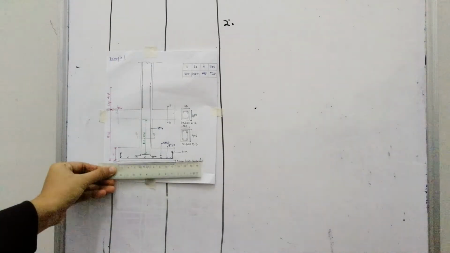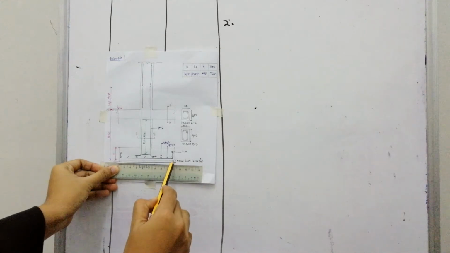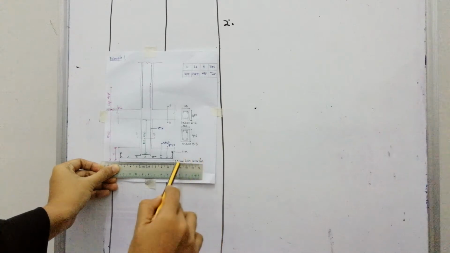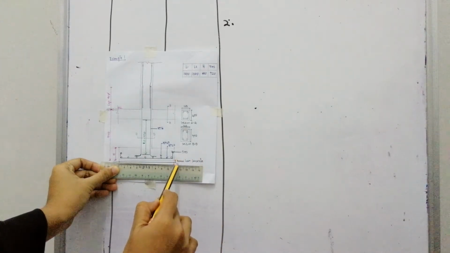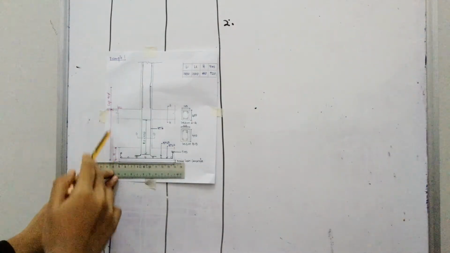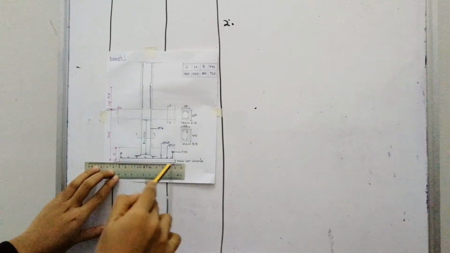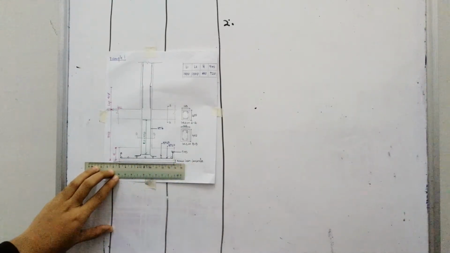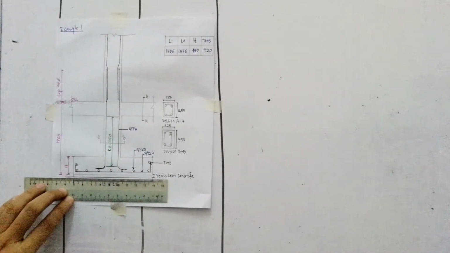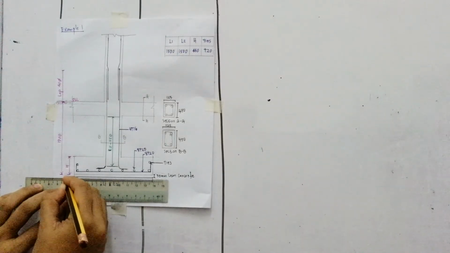Under your pad footing, there is a lean concrete. The thickness of your lean concrete is 50 mm. So the 1.8 from the ground level does not include the lean concrete, so you need to include the thickness of your lean concrete.